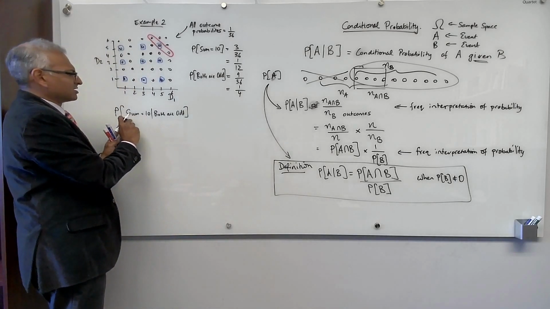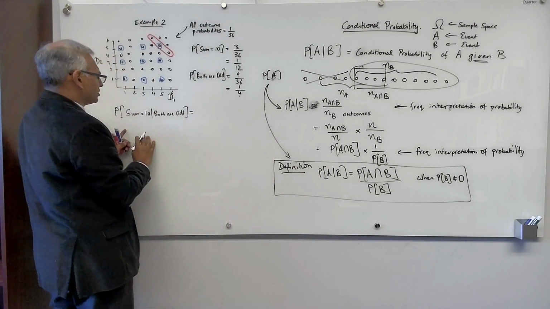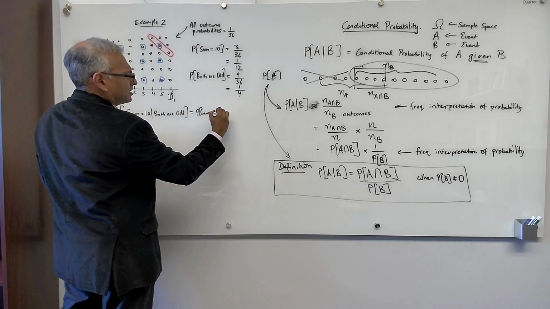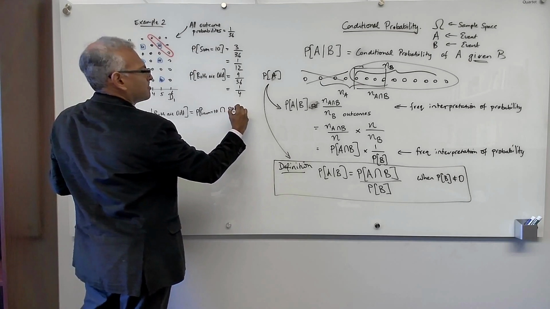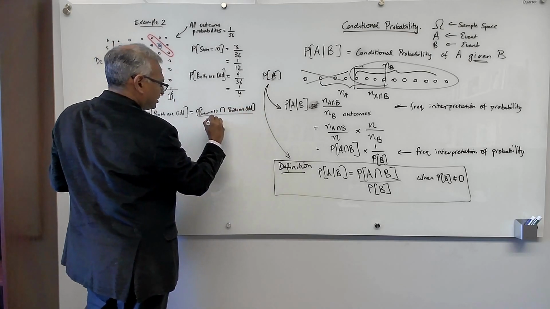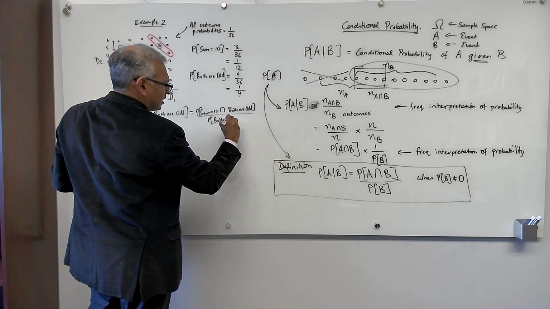The probability that the sum is 10 given that both are odd is just equal to the probability that the sum is 10 and both are odd, divided by the probability that both are odd.